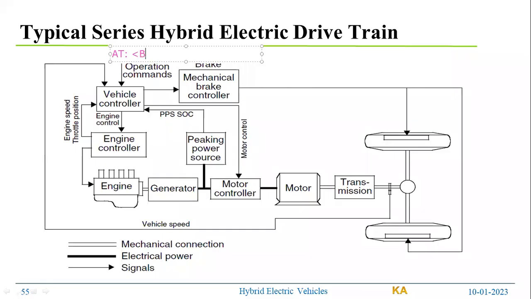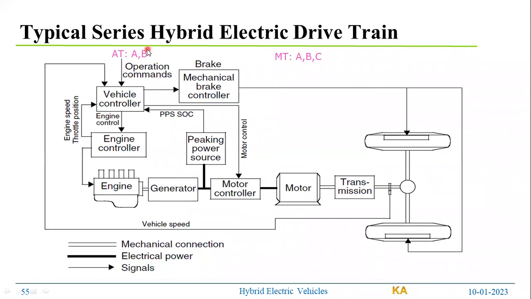In a manual transmission, in regular conventional cars, you might have seen three pedals: acceleration, brake, and clutch. So in an EV or hybrid, let us consider an automatic transmission where you have two inputs, acceleration and brake.